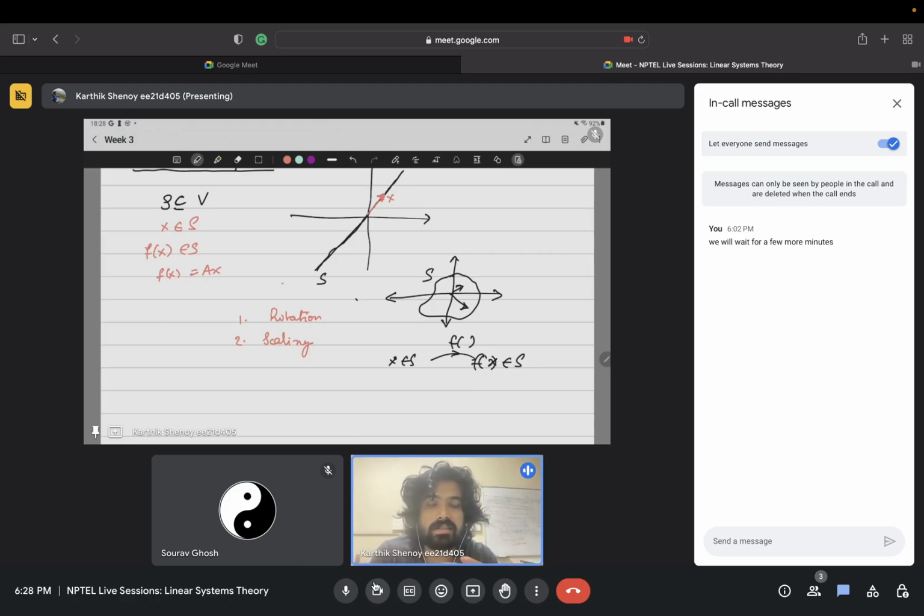For linear systems it's very easy because the invariant subspaces are the eigenspaces, the eigen subspaces. So is that clear? Actually, this idea of an invariant set makes a bit more sense.